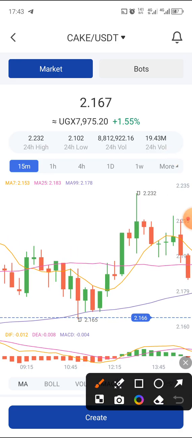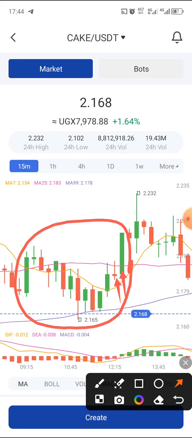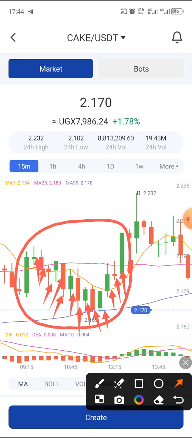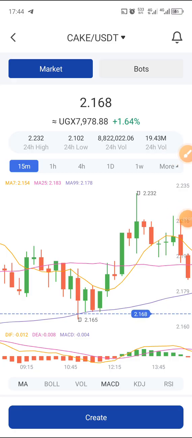So let's try to see how many candles are in this cycle. 1, 2, 3, 4, 5, 6, 7, 8, 9, 10, 11, 12, 13, and 14. Okay, there are 14 candles.